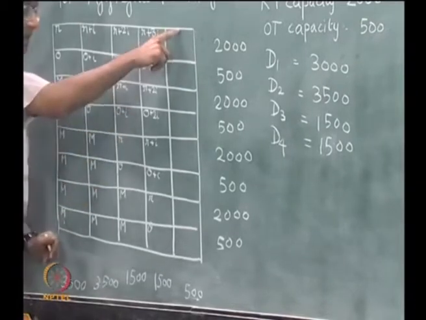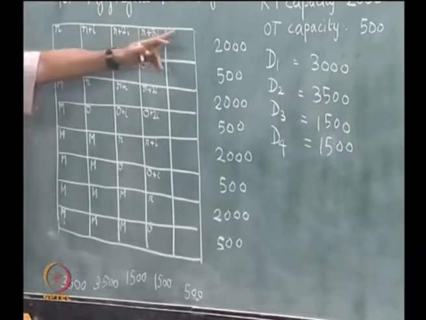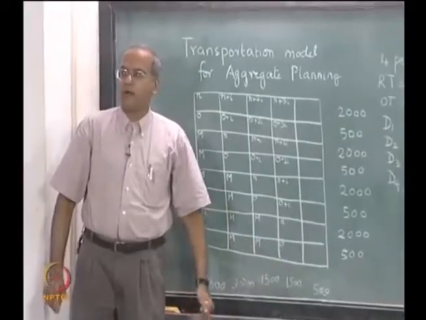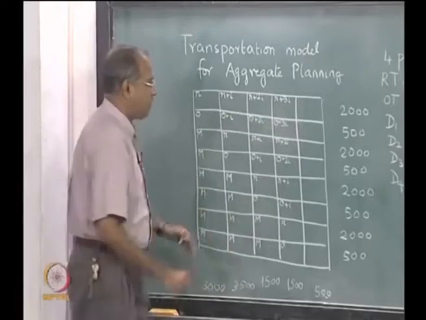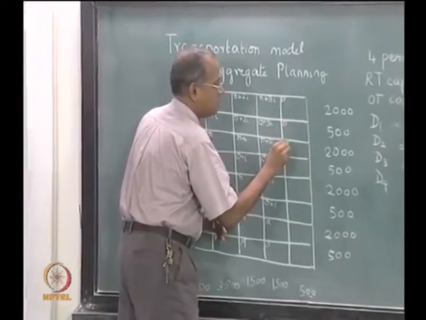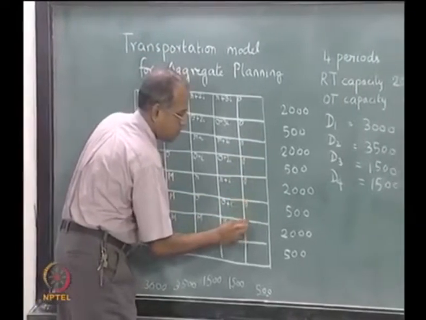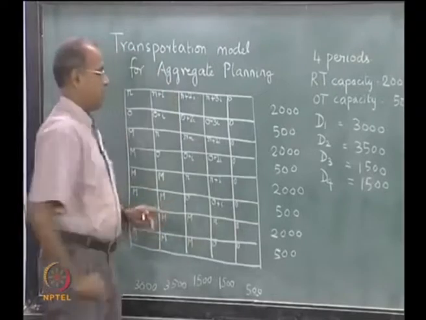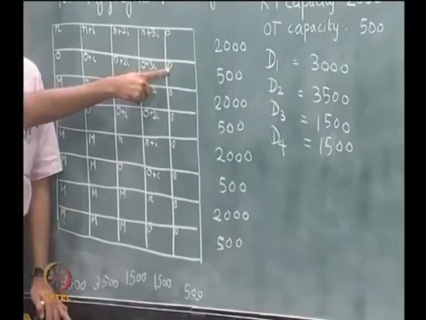Now, I need to fill the cost associated with this. In any transportation problem, it is customary to fill the dummy row with costs equal to 0. So, we put cost equal to 0 for all of these. So, I am going to write this as 0. And please note that this is O while this is 0 and they are different.